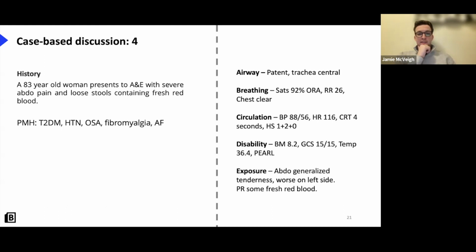Nothing from disability, and on exposure, you note that her abdomen is pretty tender, and this is worse on the left side. She's got a bit of guarding, but it's not particularly peritonitic. There's no rebound tenderness or percussion tenderness. You do a PR and you see some fresh red blood mixed in with some loose stool.